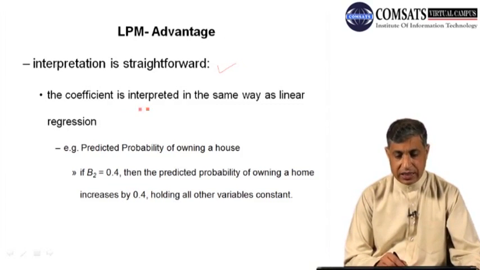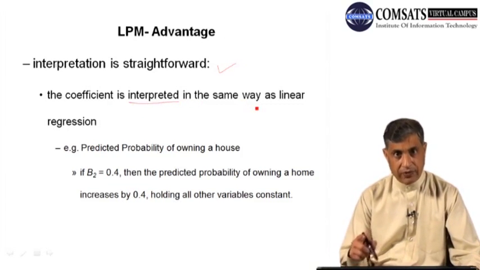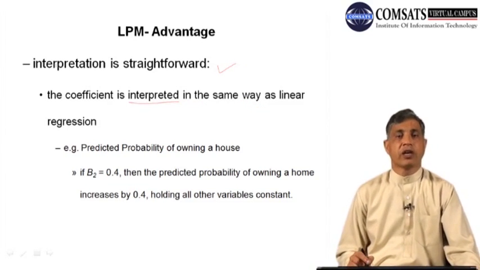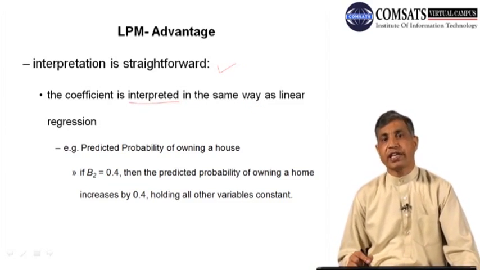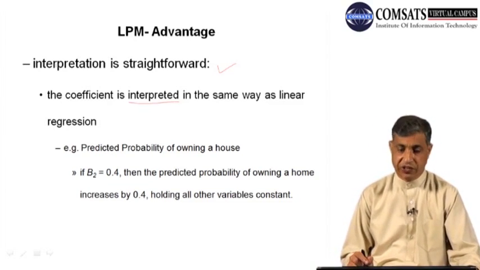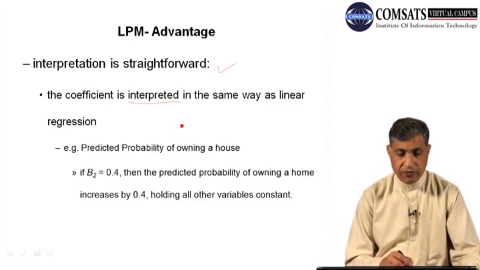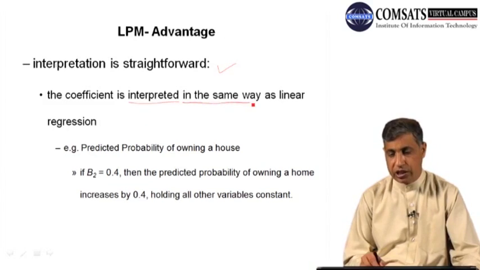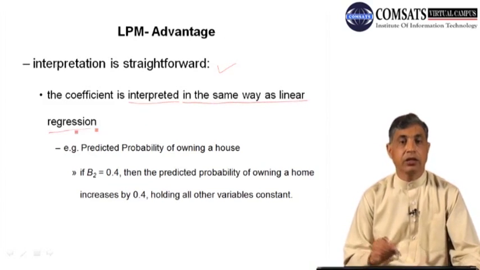The coefficient is interpreted in the same way. I will suppose some coefficients and explain, and you will come to know that the interpretation in the linear probability model is not significantly different from linear regression.